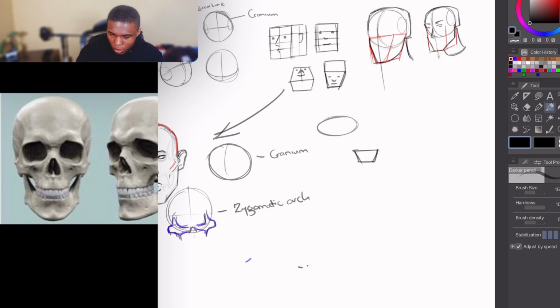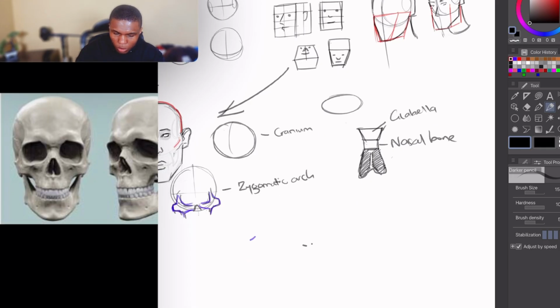This is our glabella. But then our nasal bone is that little space over here before we have this space in here. This is our nasal bone.